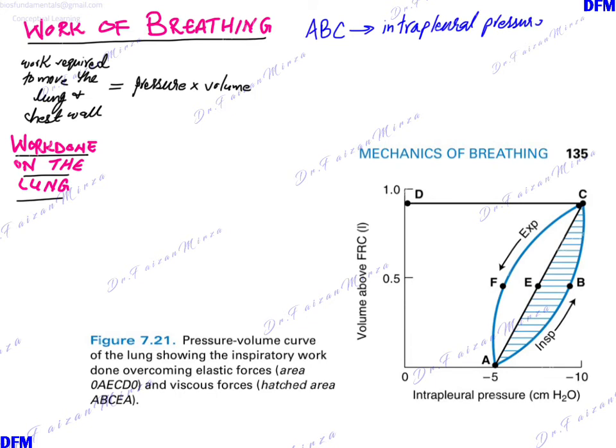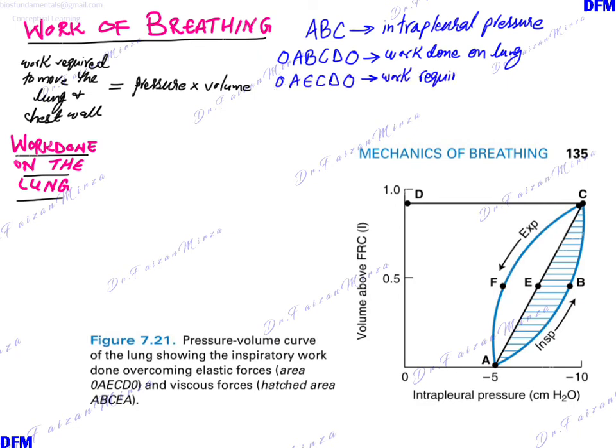For example, the line ABC represents intrapleural pressure. OABCDO, which means this is O, this is A, then B, then C, then D, and then O again. This entire region represents work done on the lung.